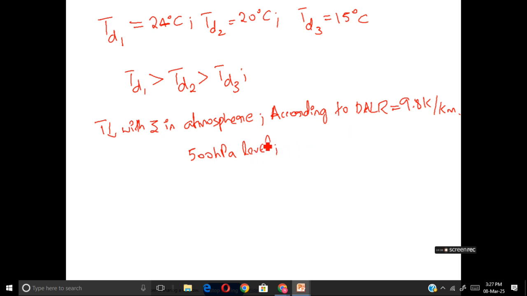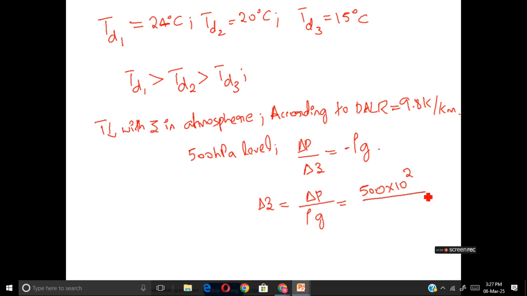We don't know the value of Z. So we can calculate Z from delta P by delta Z equal to minus rho G. So delta Z we can write as delta P by rho into G. Delta P is 500 into 10 raised to 2, rho will be 1.032, into 9.8.